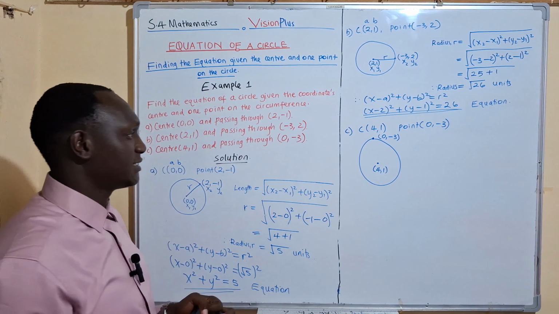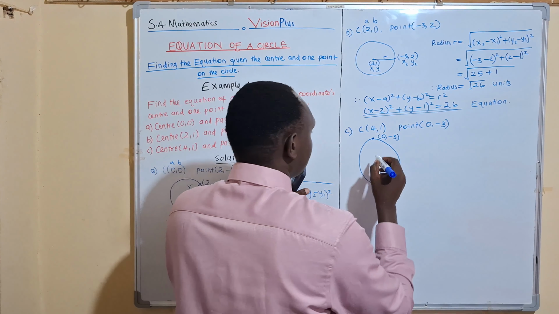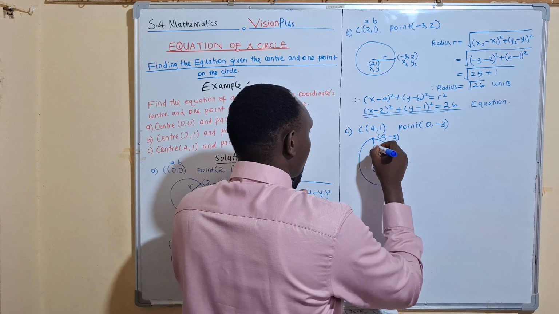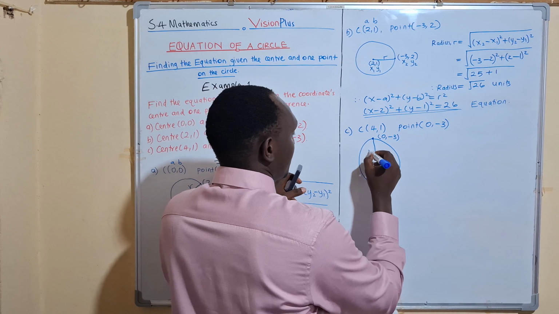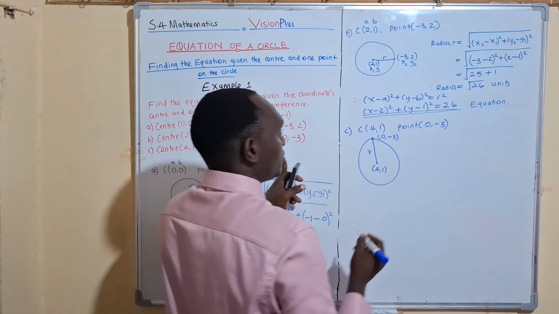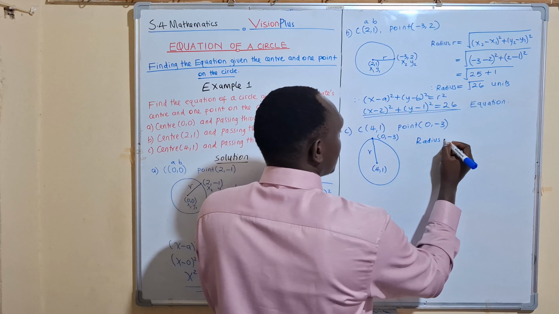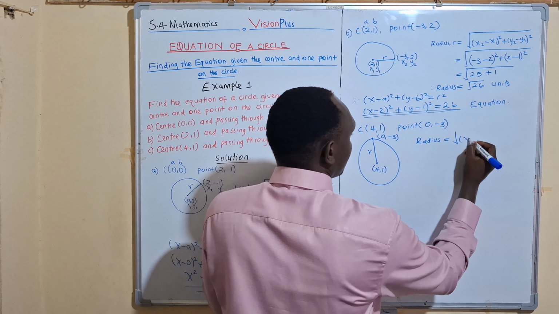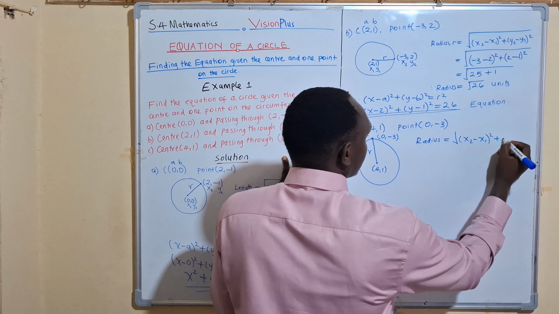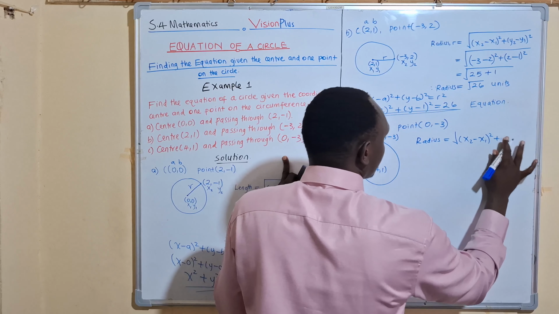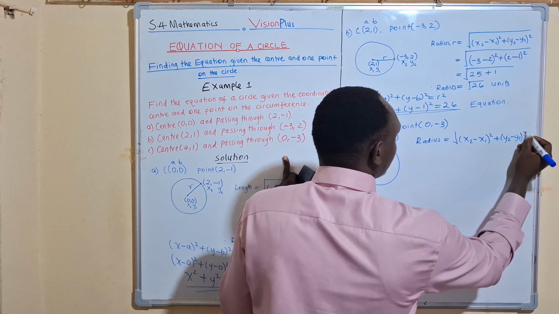After sketching that, we have the center, but we don't have the radius. The radius is the distance from any point on the circumference to the center of the circle. So this is my radius r. I know the formula: the radius r is given by the square root of (x2 minus x1) squared plus (y2 minus y1) squared.